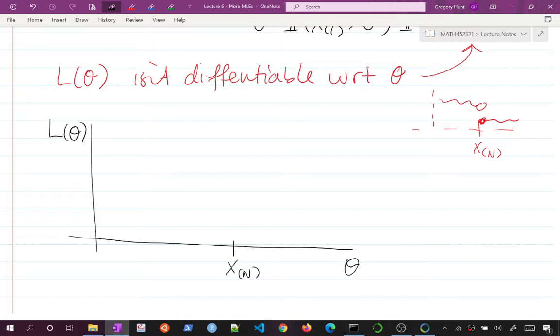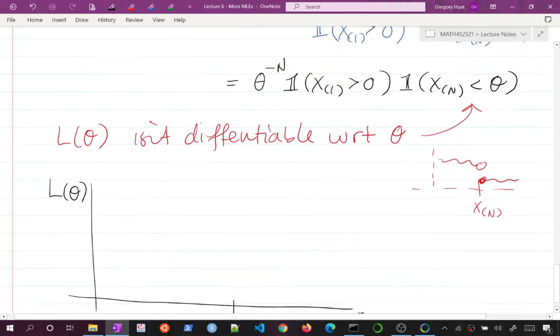Some hard numbers. You could calculate the maximum of those numbers. Maybe I should write it with a lowercase x. This is the sample maximum, but it's just some real number. And so we have our theta axis, and the x sub n appears somewhere on this theta axis. And we can plot L of theta.